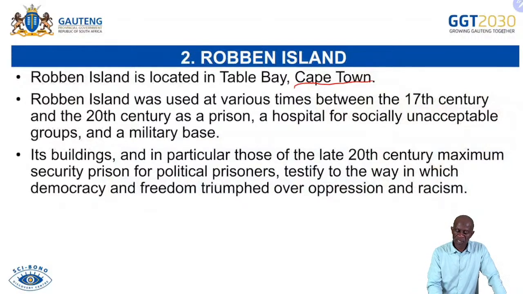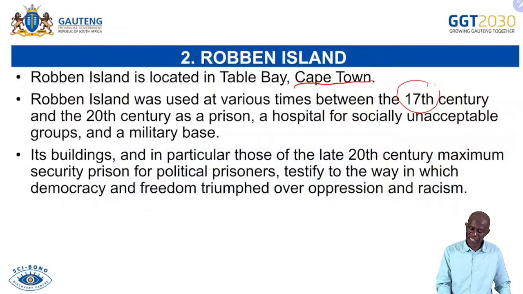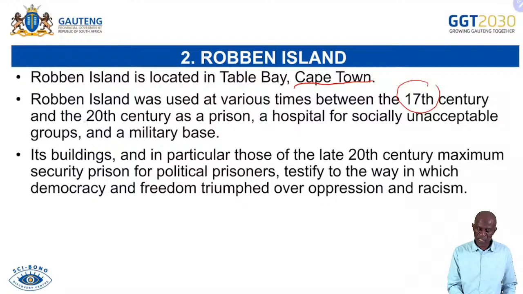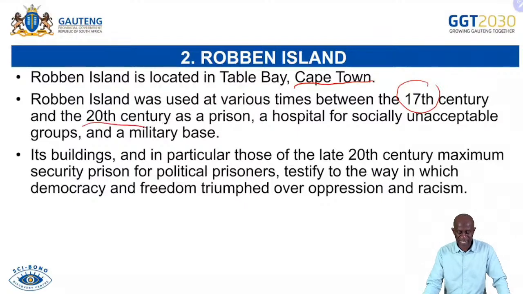So that forms a century, a period of 100 years. And here it says as well as the 20th century. The 20th century is the years between 1900 and 1999.